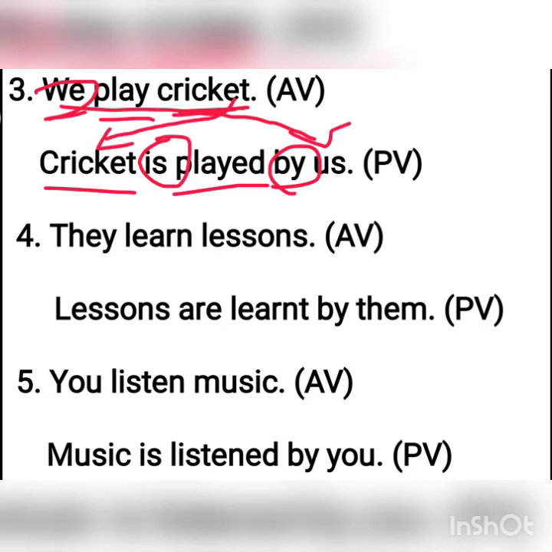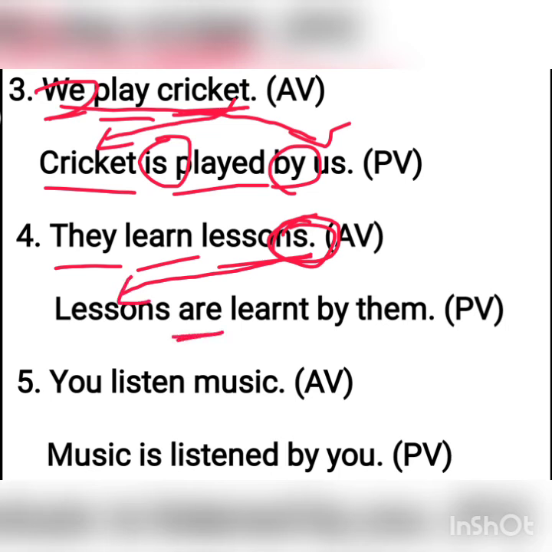The next, fourth example, they learn lessons. Look here, they learn lessons. Lessons is a plural form. When we convert the active voice into the passive voice, we should be careful in writing the auxiliary.